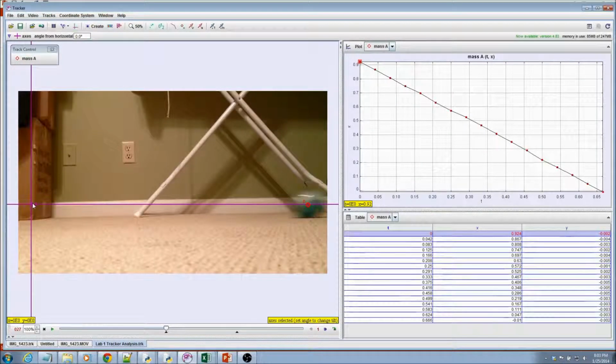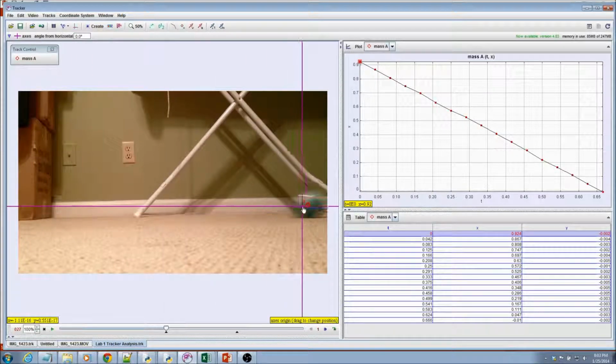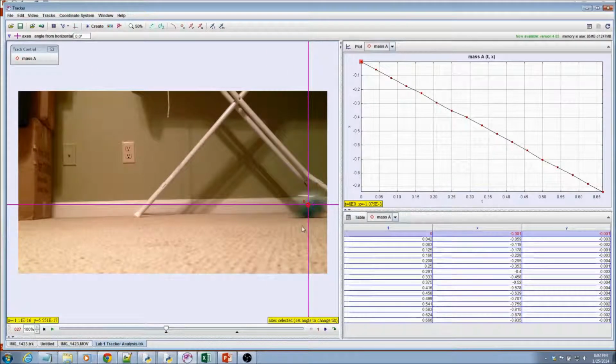When I move the origin to the other side of the tracker, the slope remains the same, but the values are marked as positive values, and the graph approaches the origin at 0 i-hat. But in the original system I've chosen the origin to be at the far right, and therefore the object moves from the origin towards negative infinity.